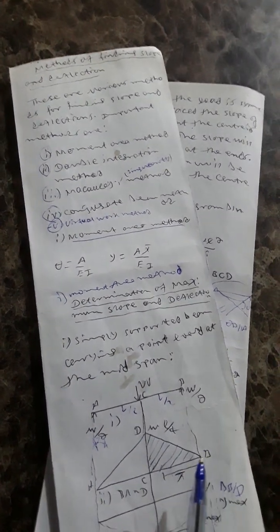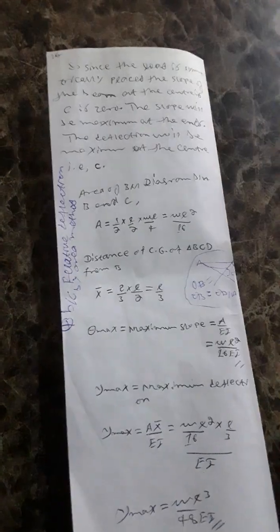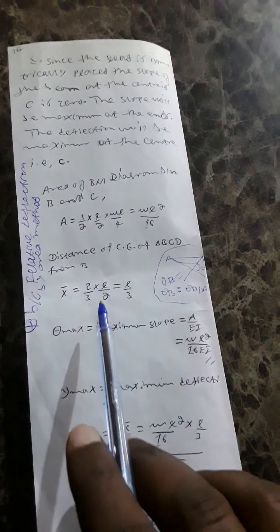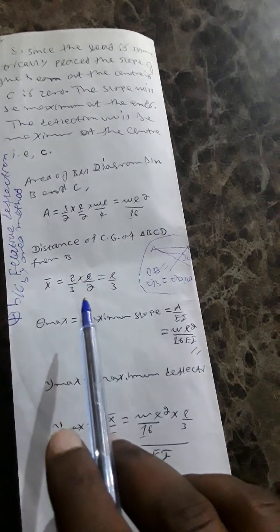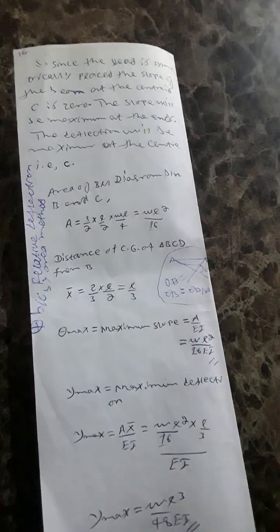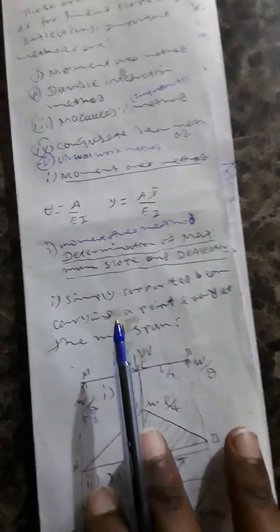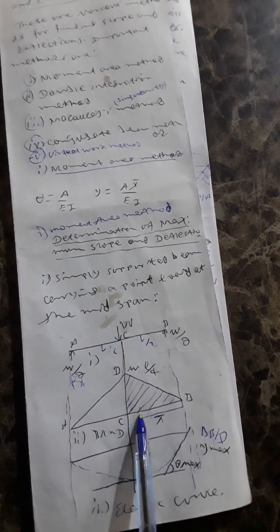This area is the slope at this point. The distance of the center of gravity from B is 2 over 3 of L over 2.